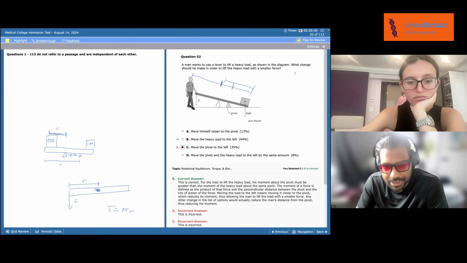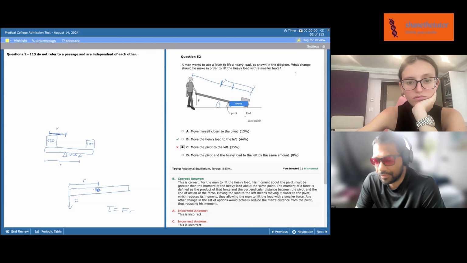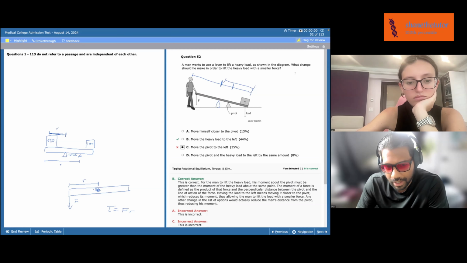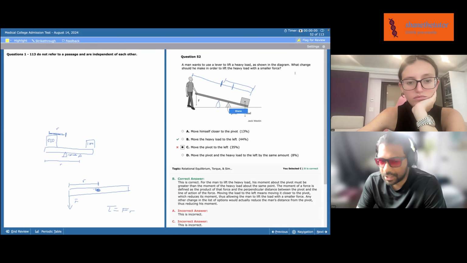So what you want is the distance between the person and the pivot to increase, or the distance between the load and the pivot to decrease. If you increase the distance between the person and the pivot, the torque of the person would increase. And if you decrease the distance between the load and the pivot, the torque of the load would decrease.